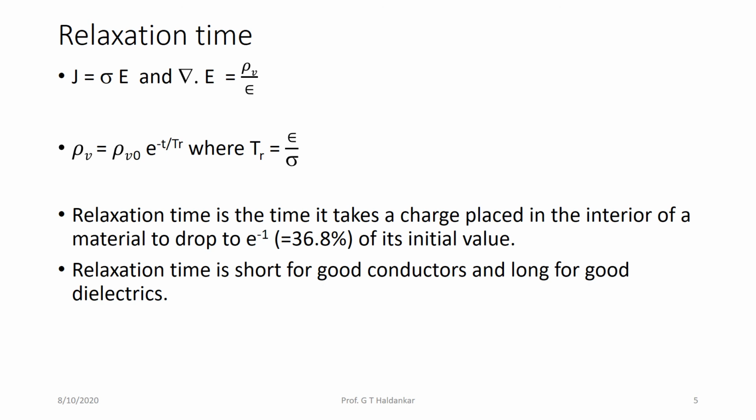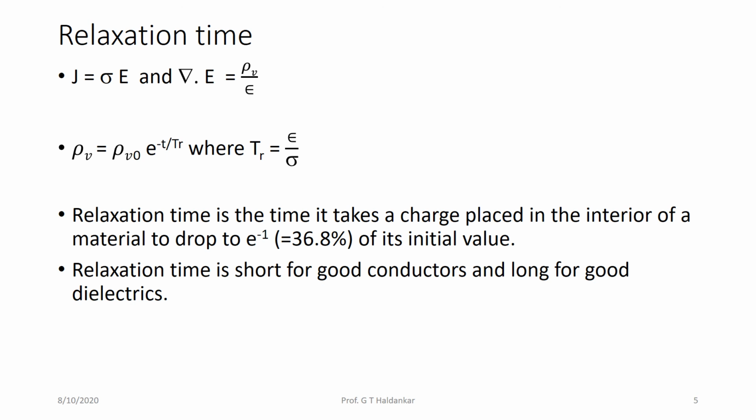So rho v0 is the initial charge density, that is rho v at t equal to 0, and this equation indicates that the introduction of charge at some interior point of the material results in a decay of volume charge density rho v, because of the minus t by T_R.